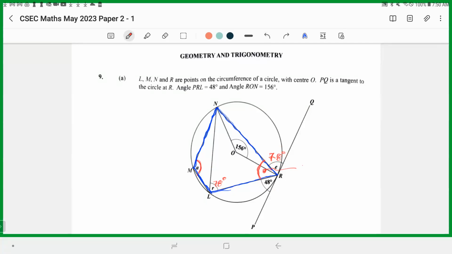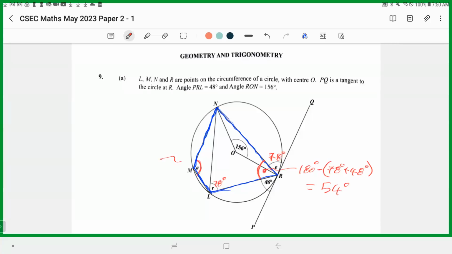I can show it here. It's 180 degrees minus the 78 and the 48. I'm just working it out here quickly. 180 minus 78 minus 48, that's 54.